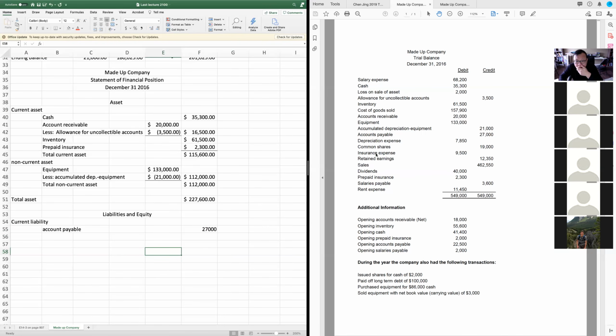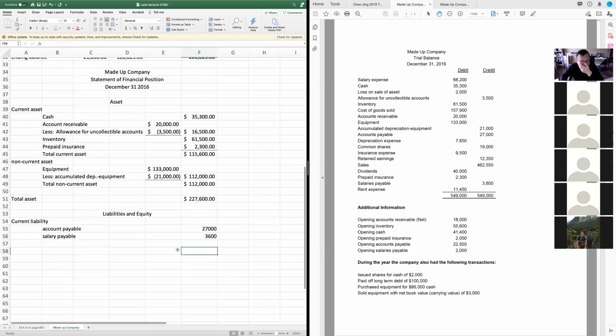And then what else? Salaries payable. Here, salary payable. So that's 3,600. That's it, right? For the current.